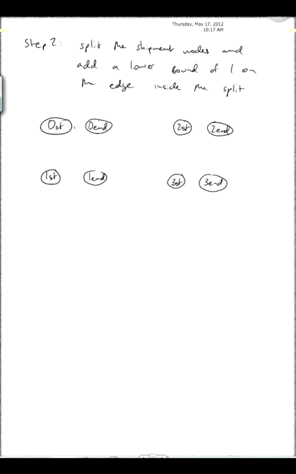So I split this node 0 in 2, and I'm going to put an arc from the 0 start to 0 end. And this arc is going to have a lower bound of 1, meaning that I require one ship to actually go from 0 start to 0 end to complete this shipment. So a similar thing for all of these. These are going to have a lower bound of 1.